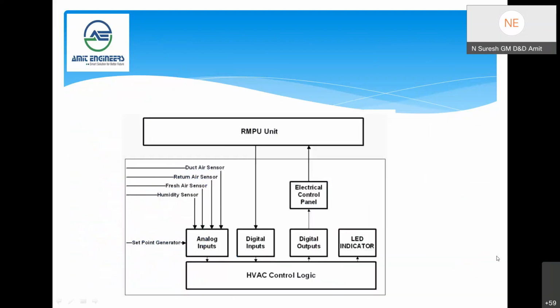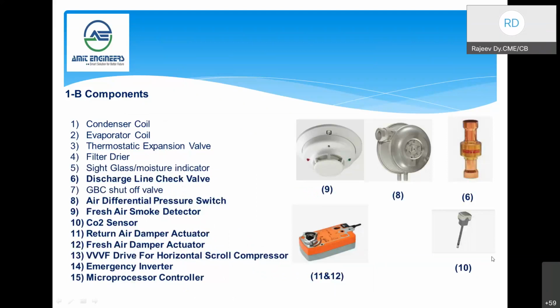How does this emergency inverter run? I mean, where does it get the supply from? In case of 415 volt AC failure, the power supply from the battery is supplied to the inverter. The inverter converts the input voltage, DC to AC voltage, and runs the blower to give a minimum sufficient amount of air in case of any power failure.